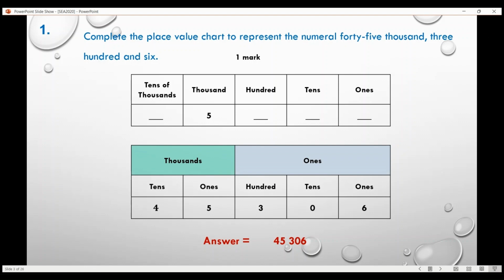Another set of ones, tens, and hundreds will go on to millions. So this indicates that the 4 tens and 5 ones means 45,000, and of course 306.